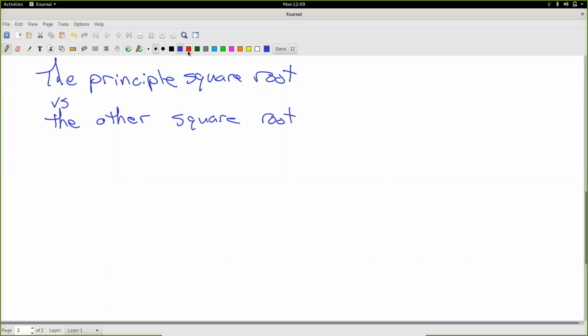The principal square root is non-negative. I say non-negative because the square root of 0 is 0. So almost every number has two square roots; 0 only has itself. And the other root is the opposite of that, so negative.